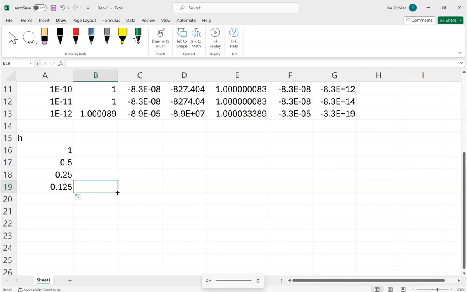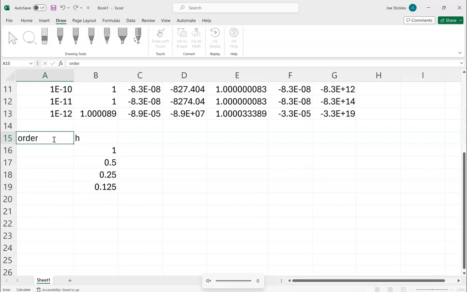Let me move this whole thing over a column so that we can see that. We're going to start with the order 2 approximation at 1. When we halve it, we'll get an order 4. Halve it again, we'll get order 6. Halve it again, we'll get order 8. We agree? Okay.